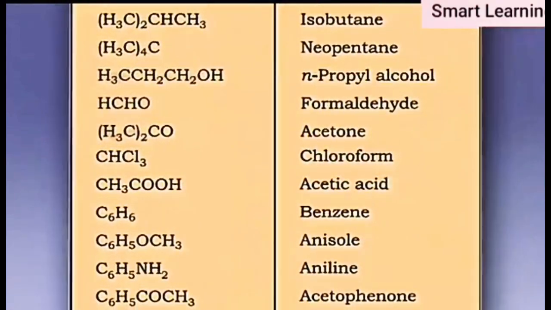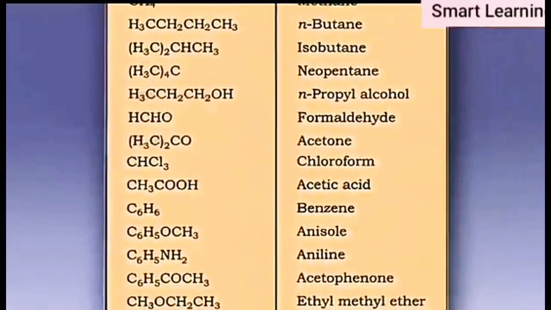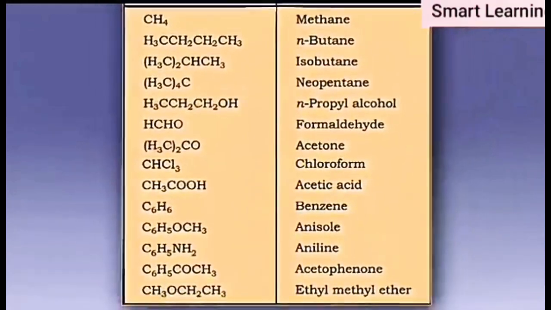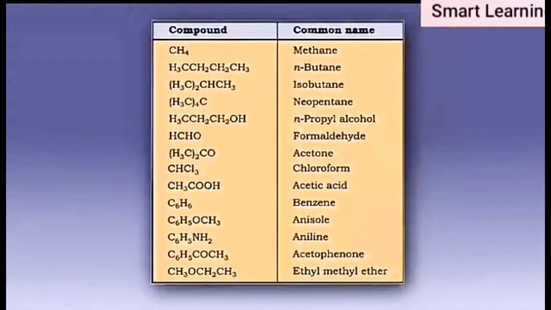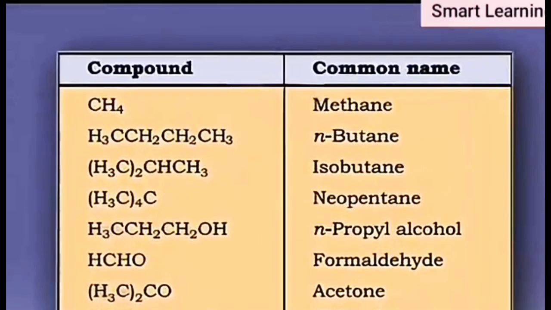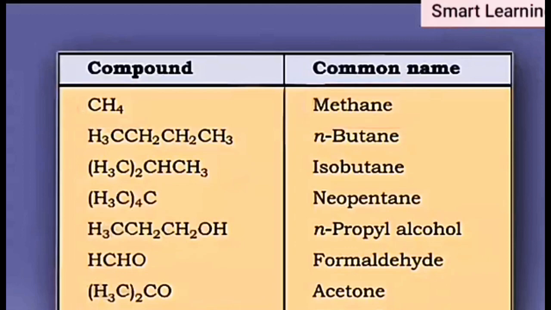Common names are useful and in many cases indispensable, particularly when the alternative systematic names are lengthy and complicated. Common names of some organic compounds are given here in the table. So, compound CH4 has the common name of methane.